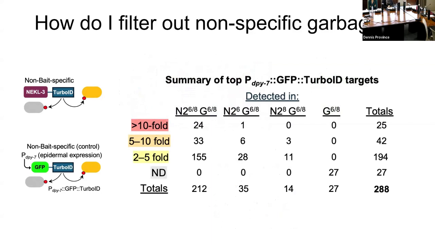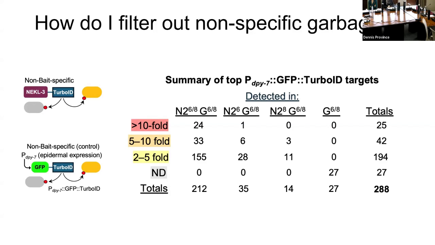Then I made up my own list of garbage. I used this non-specific GFP turbo that was expressed in the epidermis. I said, okay, how many of these are upregulated 10-fold versus just the no turbo control? They came from different groups.